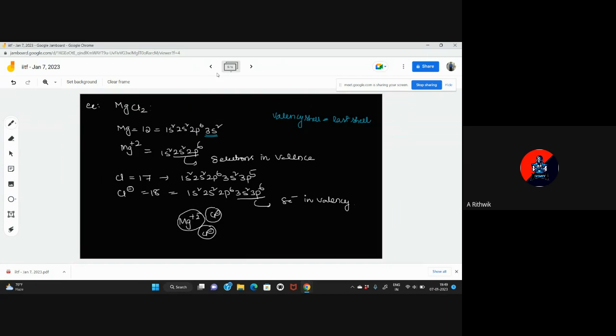After Mg2+, we got 1s2, 2s2, 2p6, the same electronic configuration as neon. But both elements are different, so they should have different configurations, no, sir? It is an ion, right? Ions can have the same configuration. Atoms will have different configurations. You are comparing an atom and an ion.